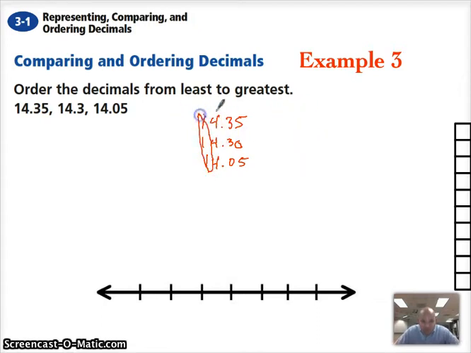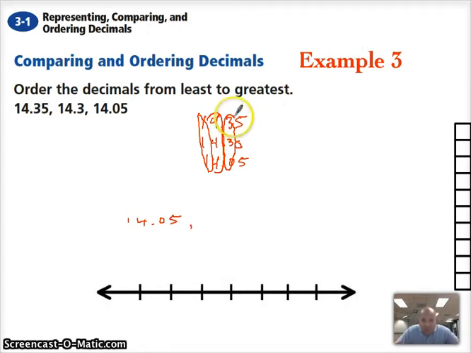So we're going to go back to comparing these. Well, obviously the ones are the same. That doesn't tell us anything. The 4s are the same in the one spot. Now we go beyond the decimal and we have a 3, a 3, and a 0. Well, obviously the 14 and 5/100 is the smallest because it's got the 0, the others have 3. So I'm going to go ahead and write down 14 and 5/100.